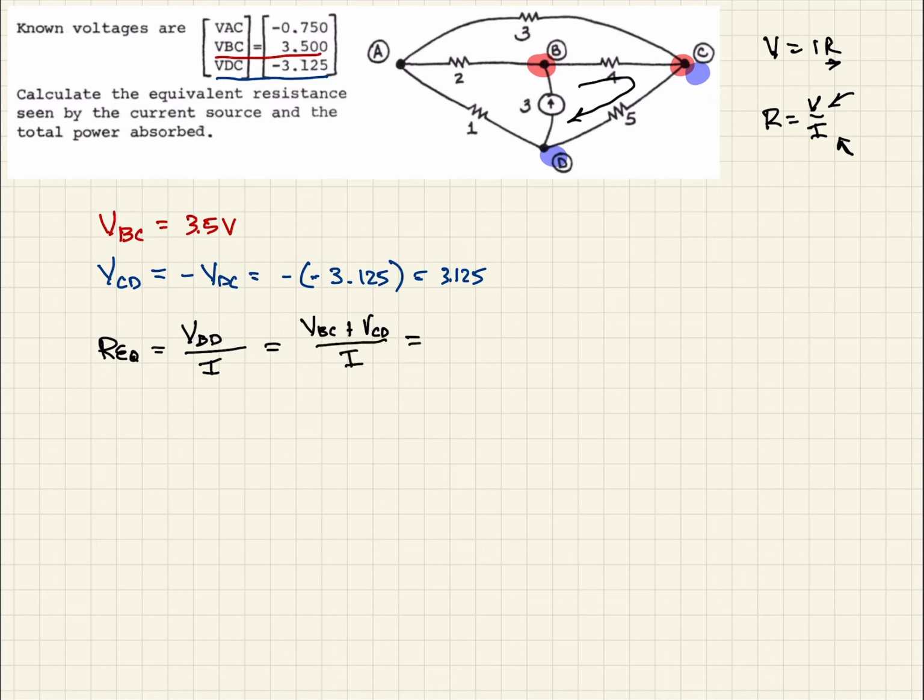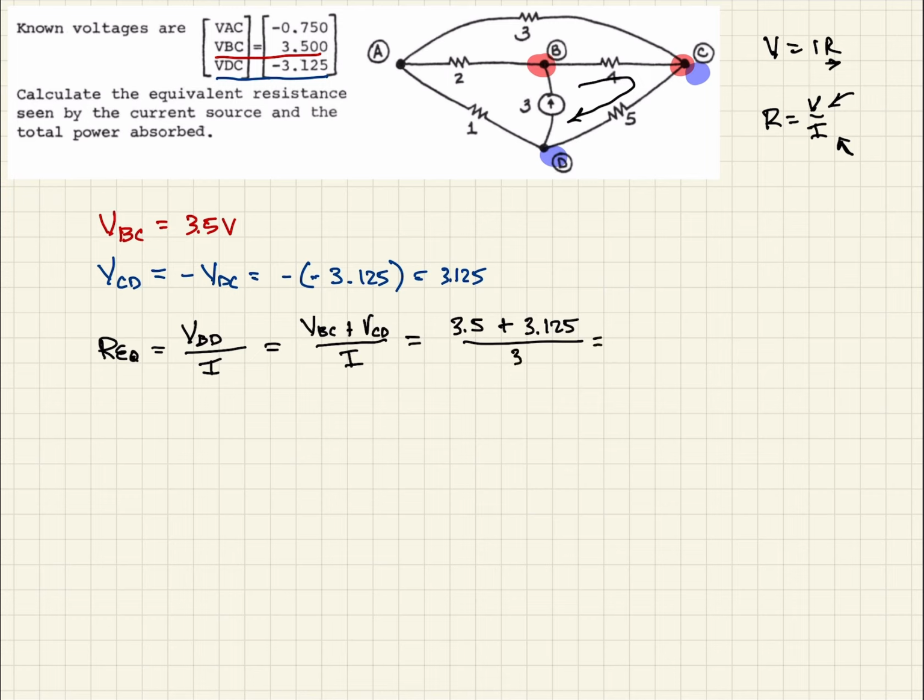So when we plug these values in, our VBC we said was 3.5 volts. And then that's going to be plus our VCD, which is 3.125 volts. And that's all over our current source, which is given in the mesh diagram as 3.